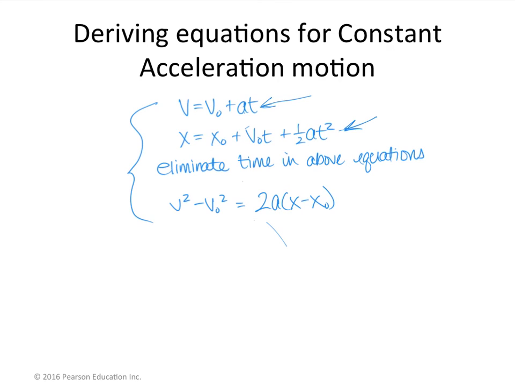If we took these two equations and eliminated time, we would get the third equation shown here, which is actually quite handy sometimes because sometimes we don't have the knowledge of time, but we have the other quantities that allow us to find what we're looking for.